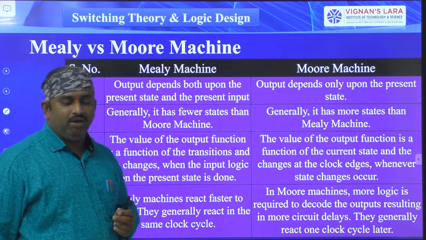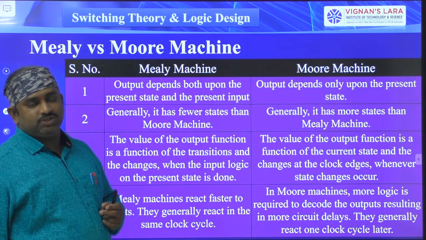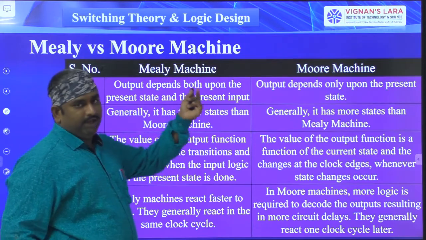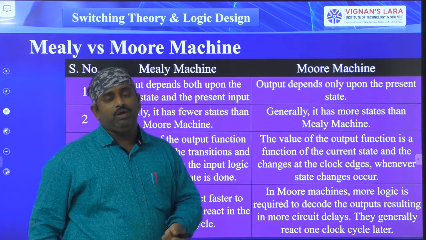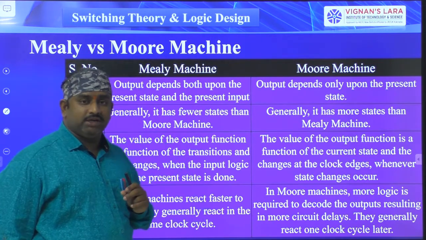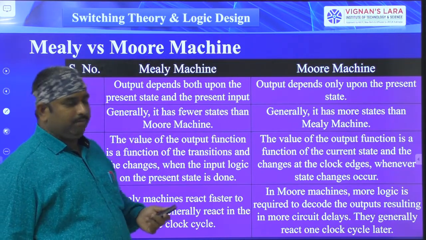We use these for defining the next state outputs and final outputs. So by using the Mealy machine, we can decode the next state output with the help of present input and present state of the system. So that is about the Mealy machine.